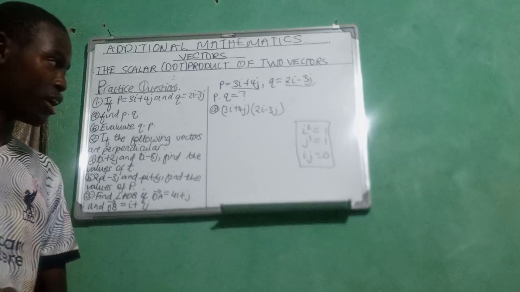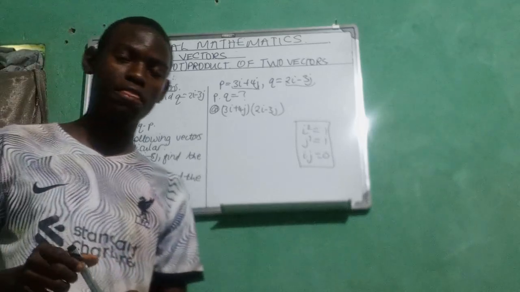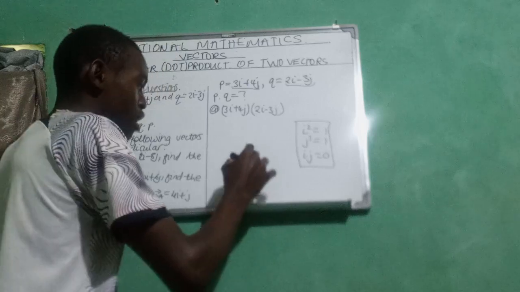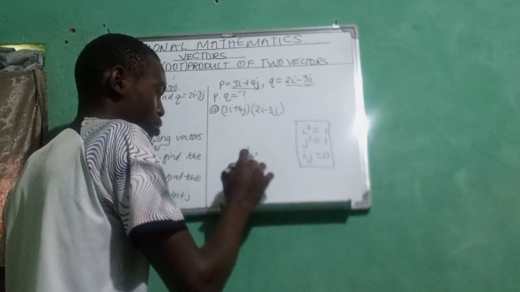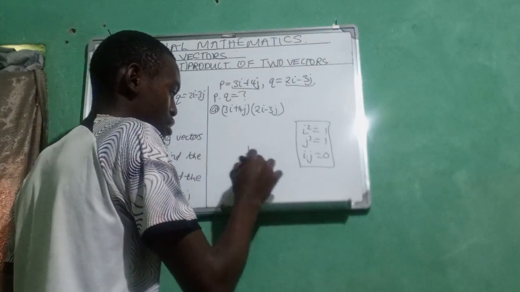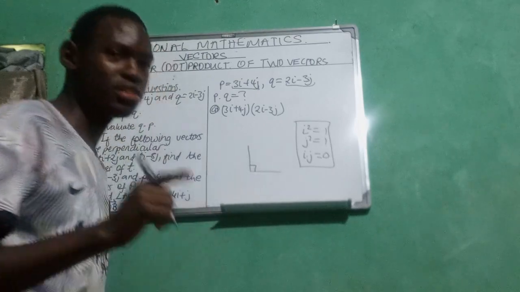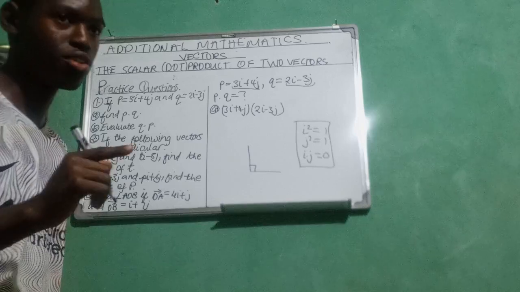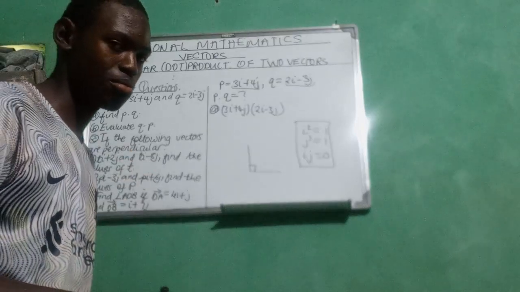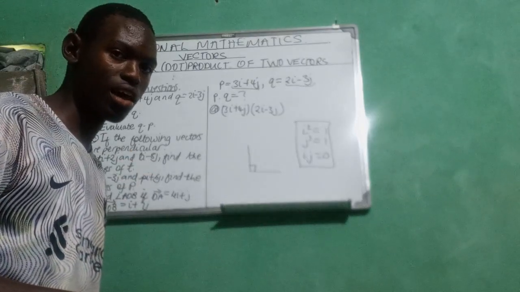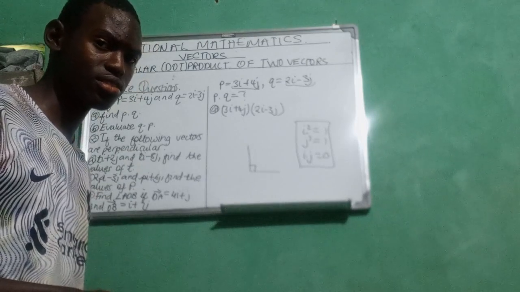It follows that if we have a right angled triangle, and then we have perpendicular vectors, their dot product is 0 because the angle there is 90 degrees.